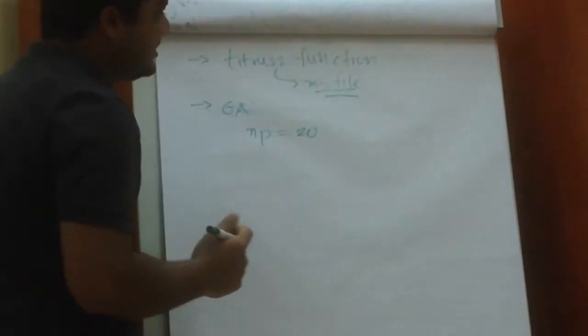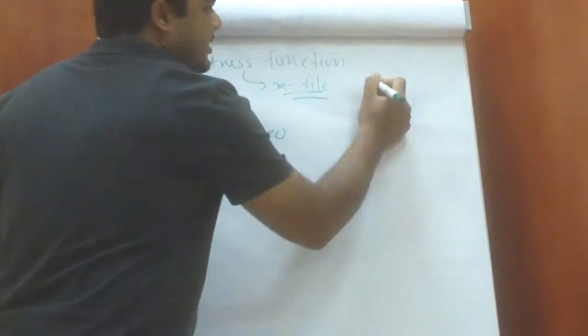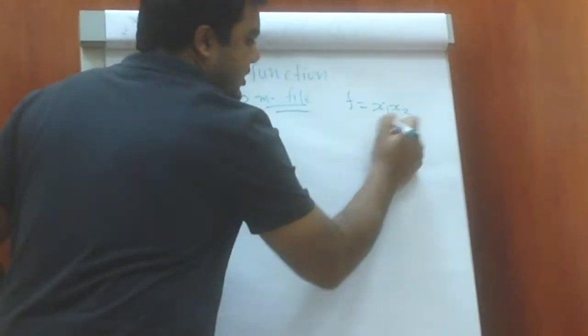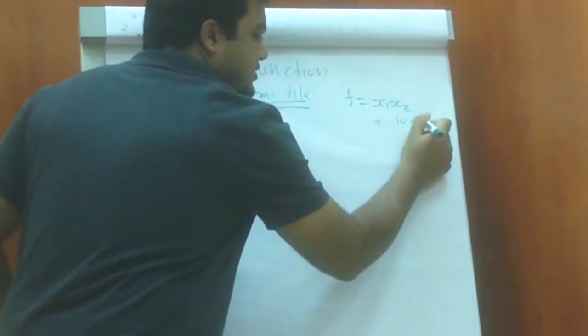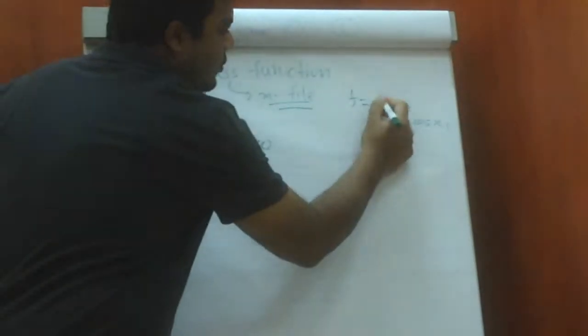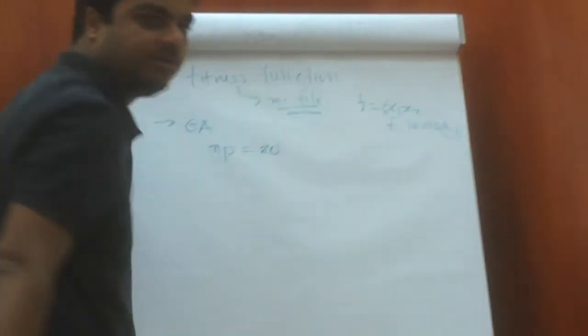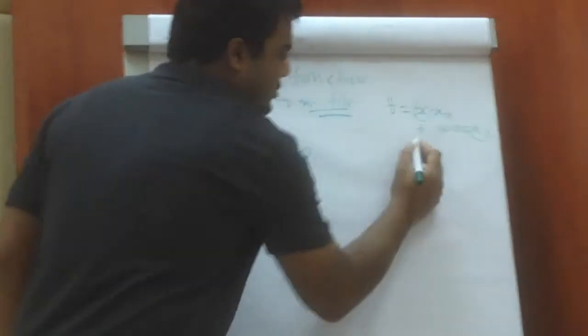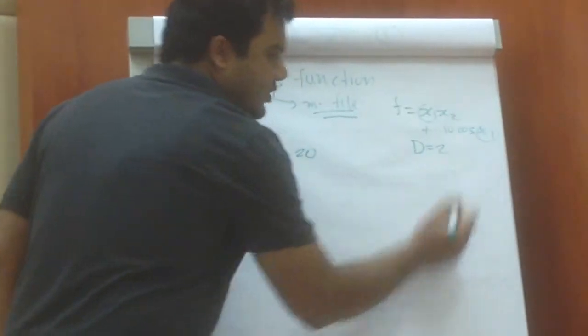Okay. And say if you have a function something like this, say you want to optimize x1 into x2 plus 10 cos x1, something like that. So you have two variables to be optimized, so you have two search dimensions. So you call d is equal to 2.